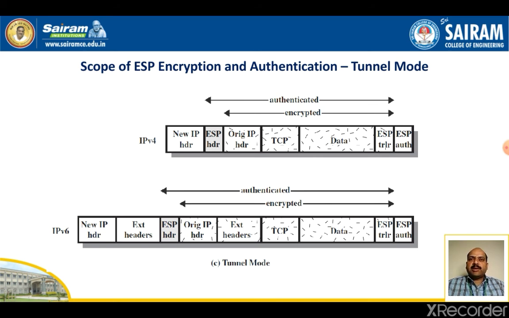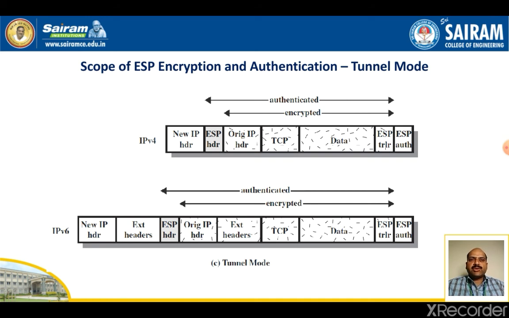The outer packet is routed to the destination firewall. Each intermediate router needs to examine and process the outer IP header plus any outer IP extension headers, but does not need to examine the ciphertext. The destination firewall examines and processes the outer IP header plus any outer IP extension headers.